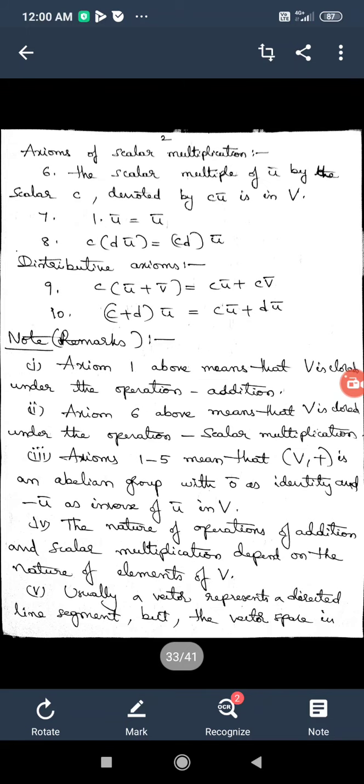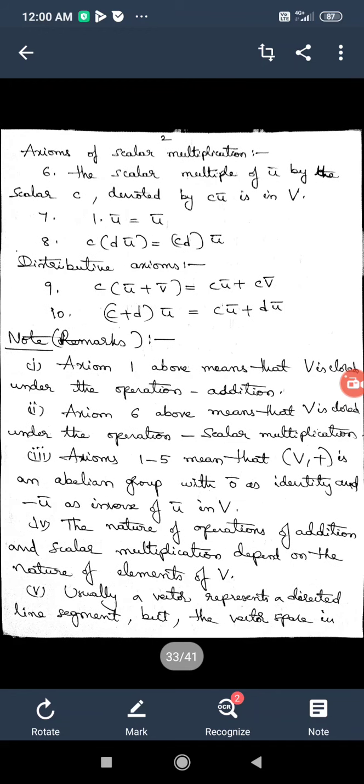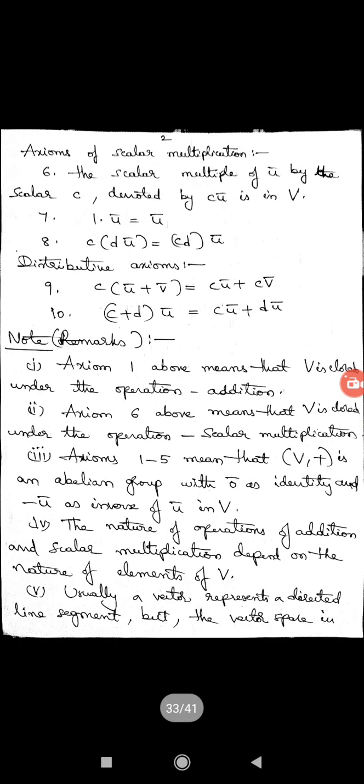And what are those remarks and what are the points to be noted down? The first point says that axiom 1 above means that V is closed under the operation addition. That means by the first property, the set V is satisfying the closure axiom with respect to addition, and that is how it is closed under the operation addition.